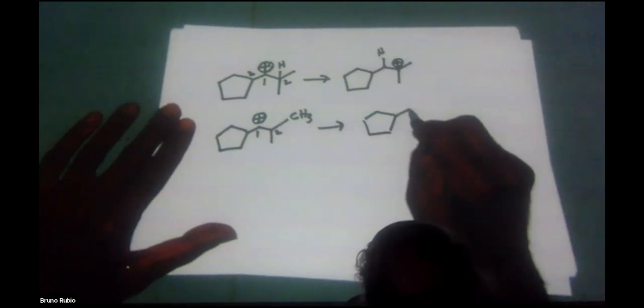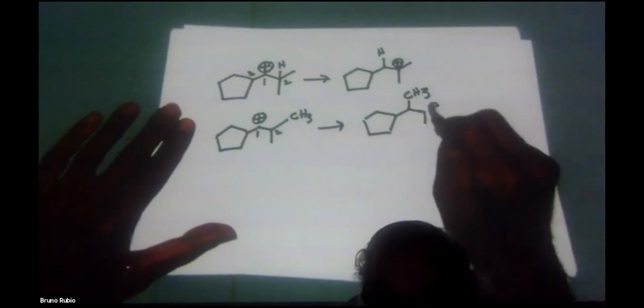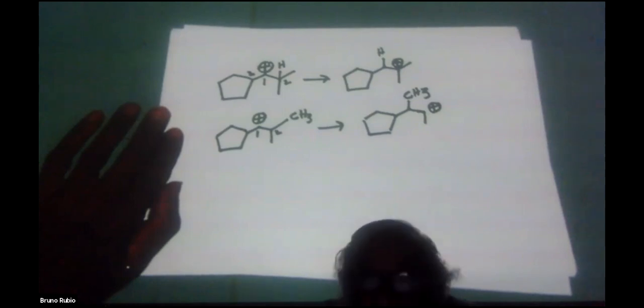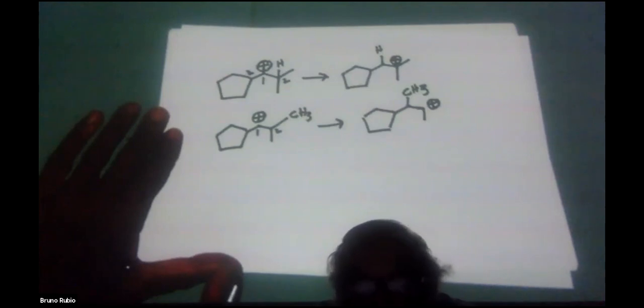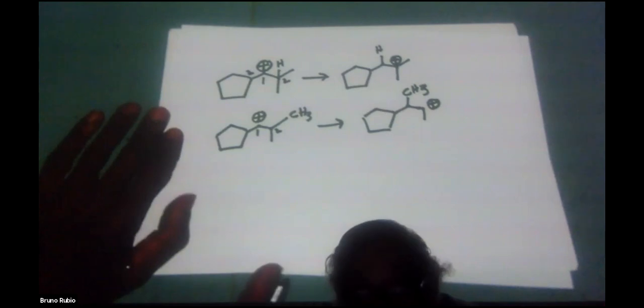But this has all kinds of problems with it, because not only does that not give us a 6-membered ring, it's also a degenerate carbocation rearrangement. We're going from a secondary to a secondary. So that's not in the cards here either.